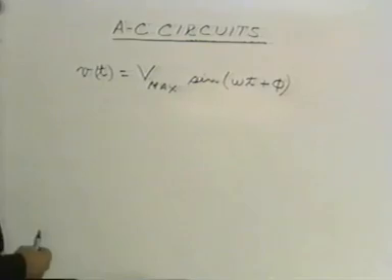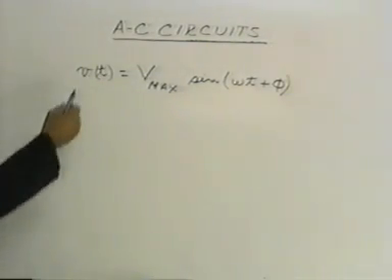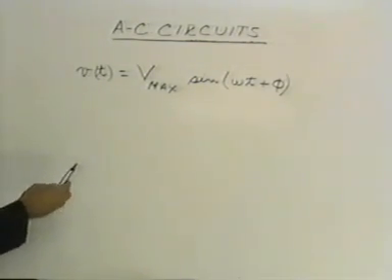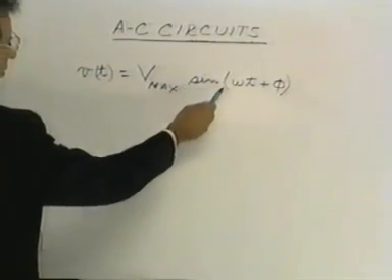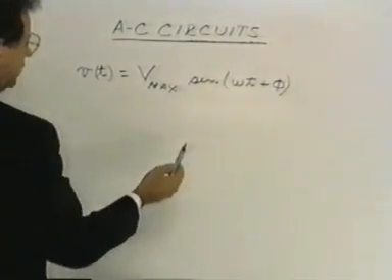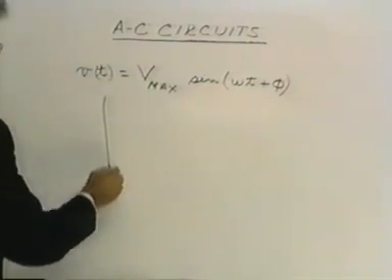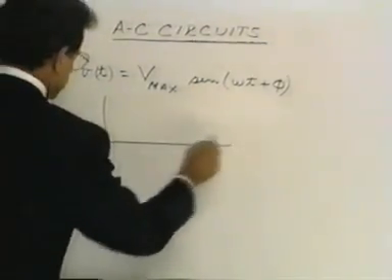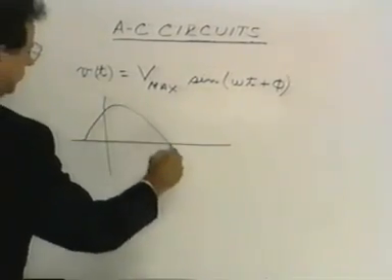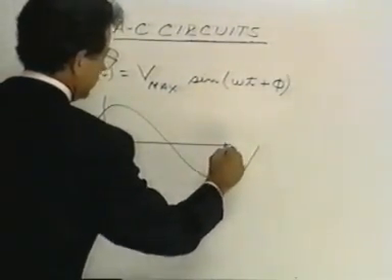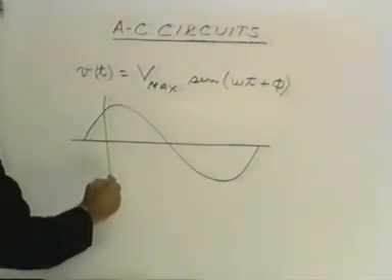A sinusoidal voltage is described by v of t equals V max times the sine of omega t plus phi. To view all these, let's sketch a sine wave. This is t equals 0.